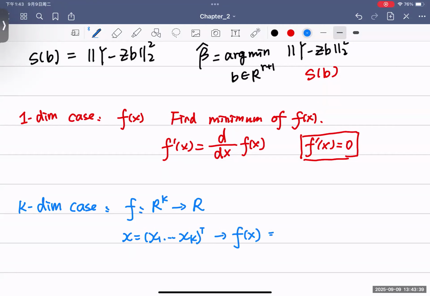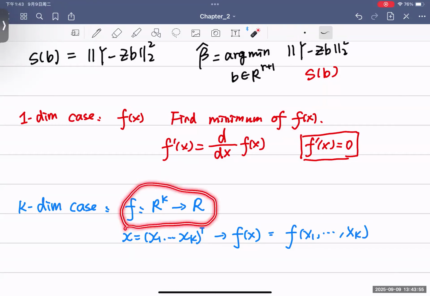Commonly we write it as f(x1 to xk). And now we target the same question: how do we find the minimum of f(x)?